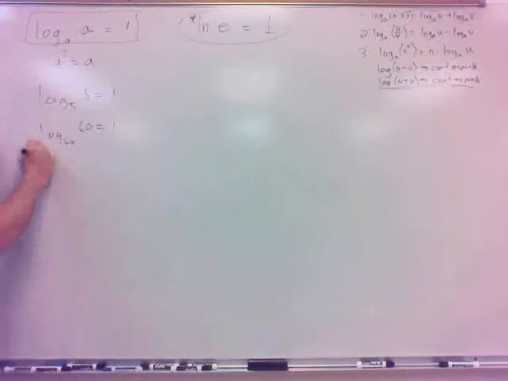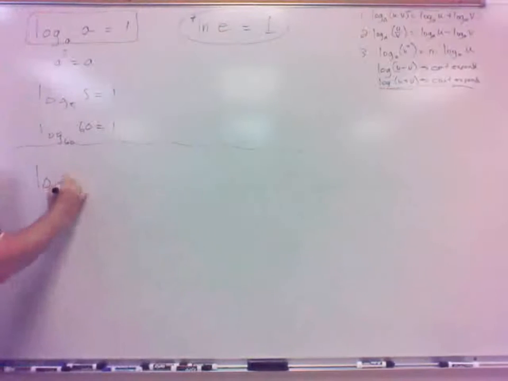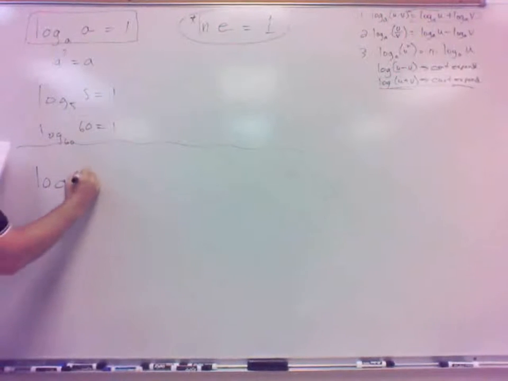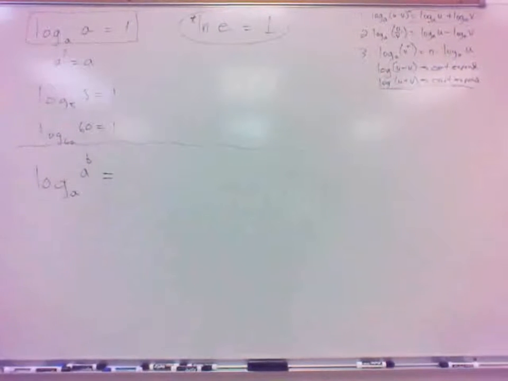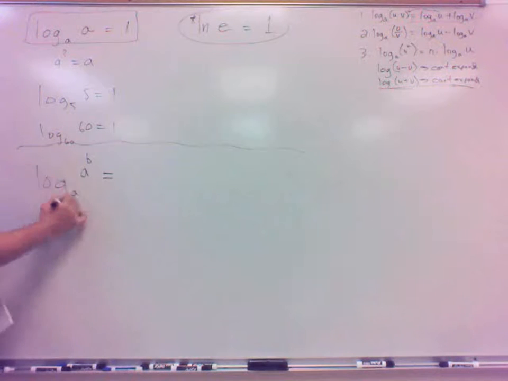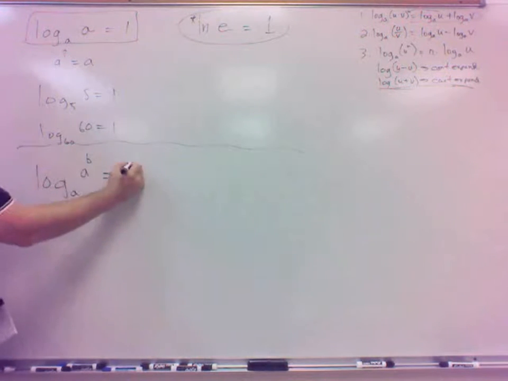Similarly, I guess we might say, is log base a of a to the b power. Well, it turns out if you have that set up right there, notice again I've got base a and then I've got a here. Well, it turns out if I have that, then what essentially happens is the log base a and that a cancel out and you're just left with b.